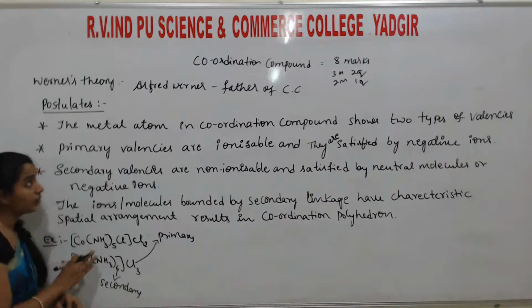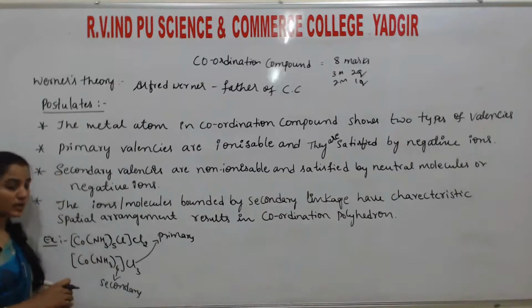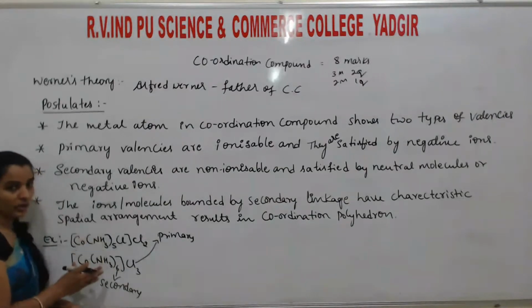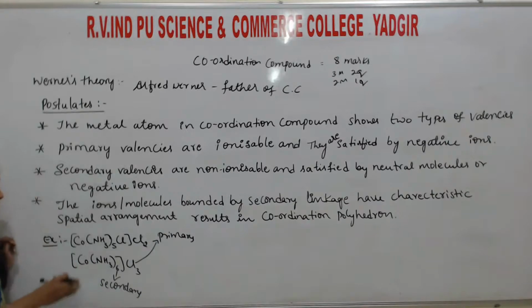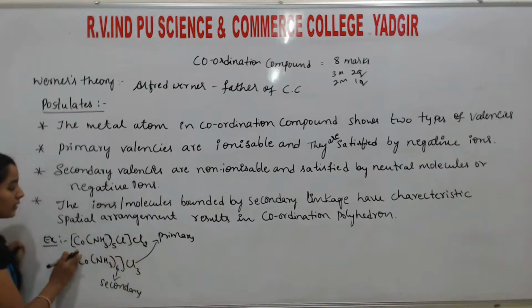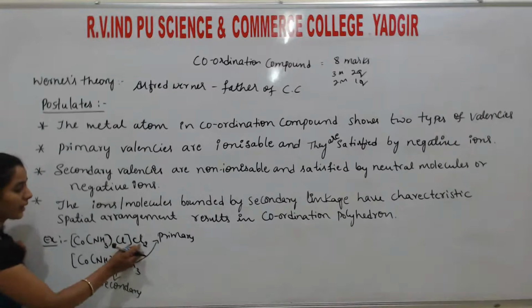But here Werner was the scientist who proposed this coordination compound. So here he considered ammonia. Ammonia is a neutral molecule, so it has zero charge. So of course the primary valency is satisfied by the negative ions like Cl atoms here.